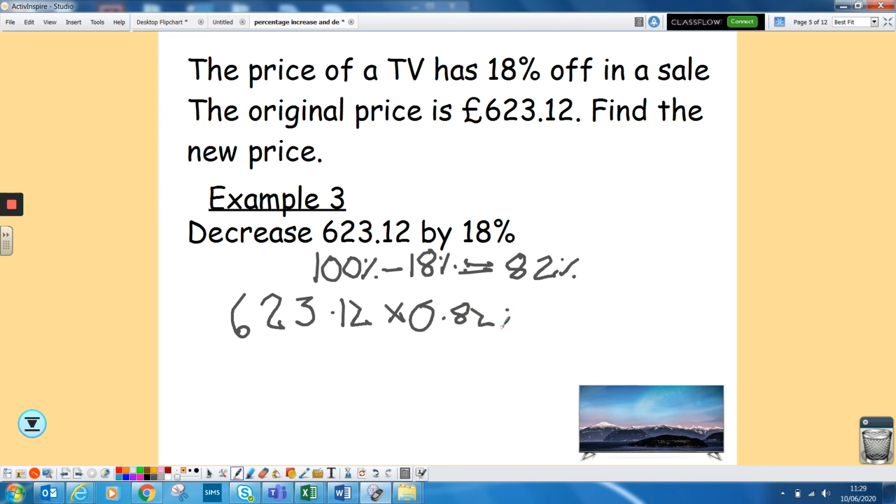Then just put that into your calculator and it will decrease it for you. 623.12 times 0.82 gives me £510.9584, but because it's money, we always do it to 2 decimal places, so £510.96. There we go, and that's it decreased for you.